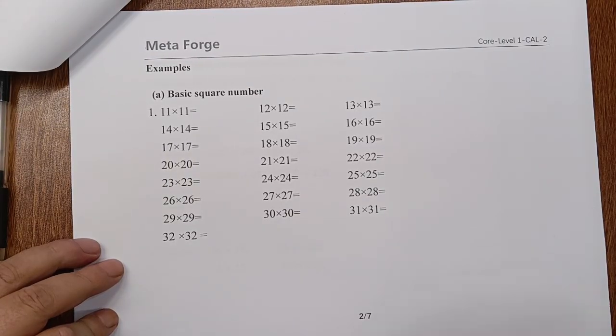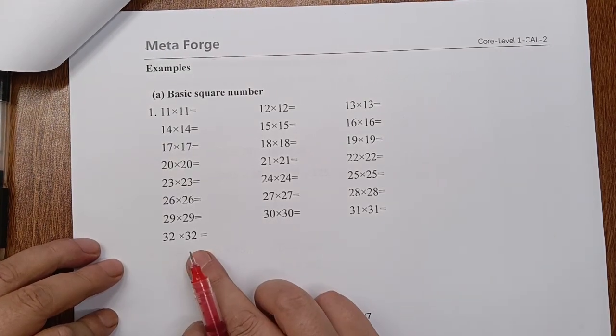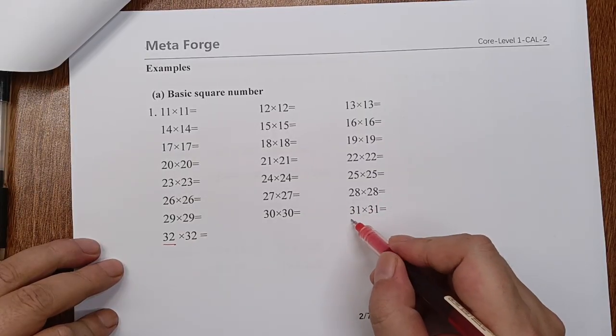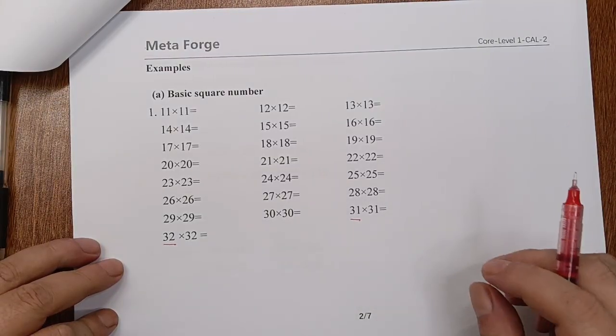But being strongly familiar with perfect square numbers up to 1000 is very helpful. That means the base goes just up to 30.